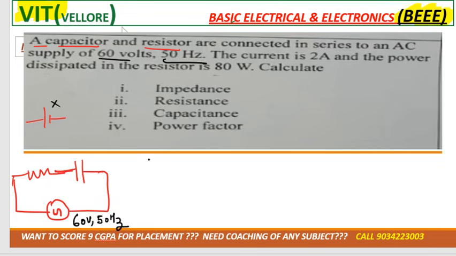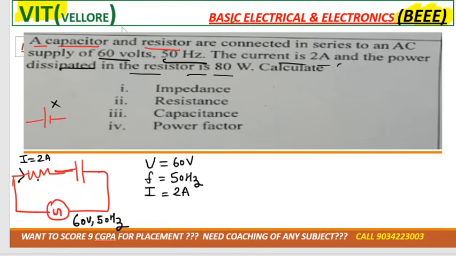Whatever values they have given, write them inside the diagram also. The voltage they have mentioned is the total voltage, and the frequency is 50. The current is 2 ampere, so mark I is equal to 2 ampere. The power dissipated in the resistor is 80 watt.